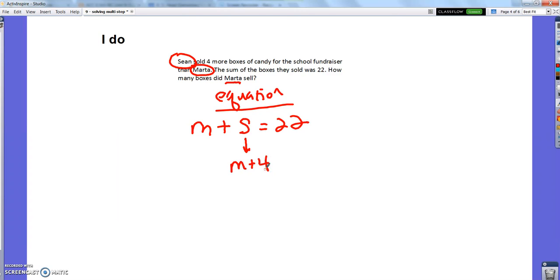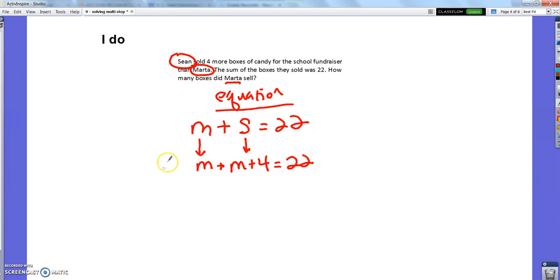And if I replace Sean with another Marta variable, then now I don't have 2 in the same equation. I just have Marta. So I've got Sean's, Marta plus 4, plus Marta's, what she sold. If I add those together, that adds up to 22.